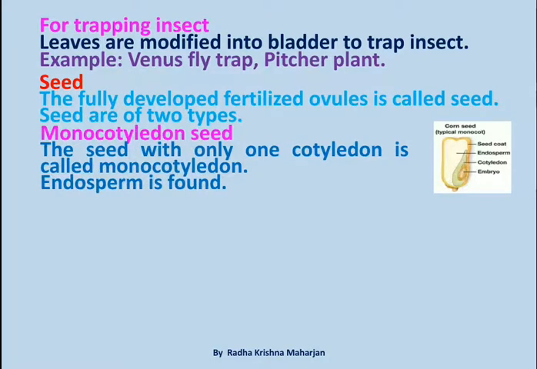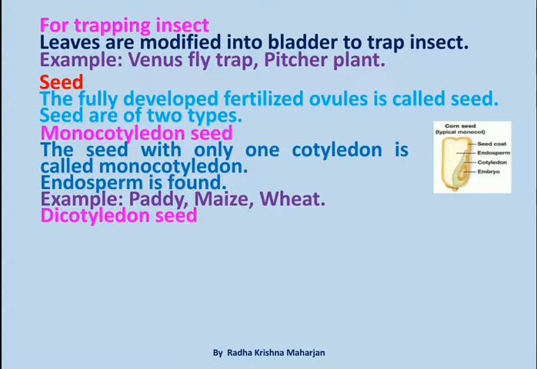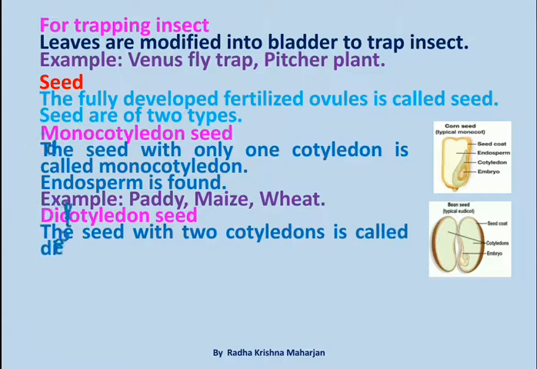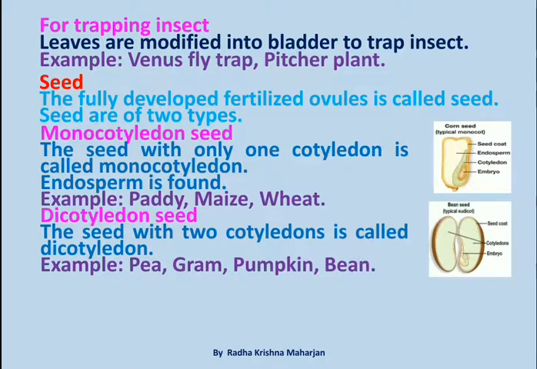Endosperm is found. Example: paddy, maize, wheat. Dicotyledon seed: the seed with two cotyledons. Example: pea, gram, pumpkin, bean.